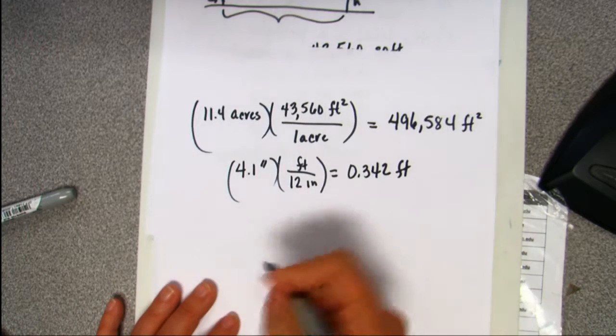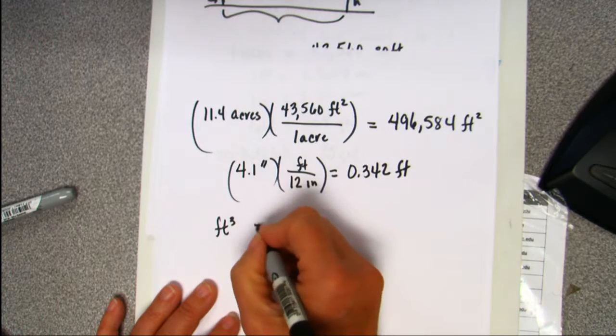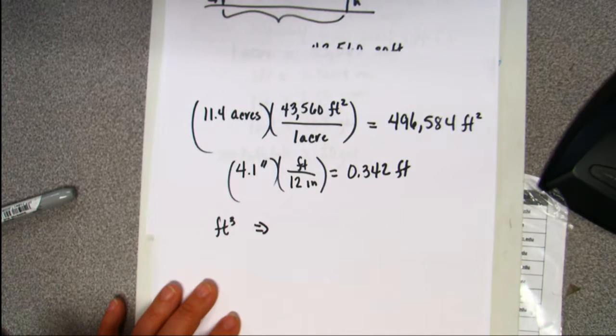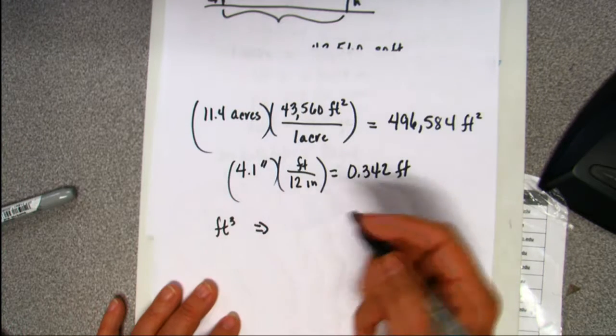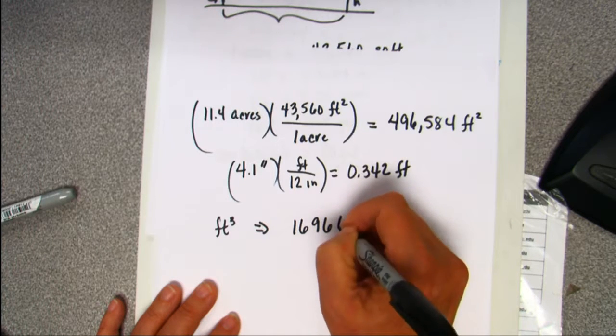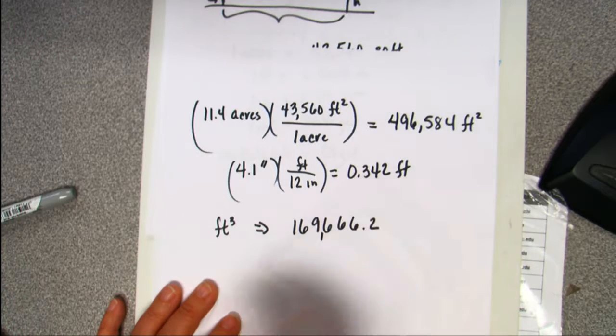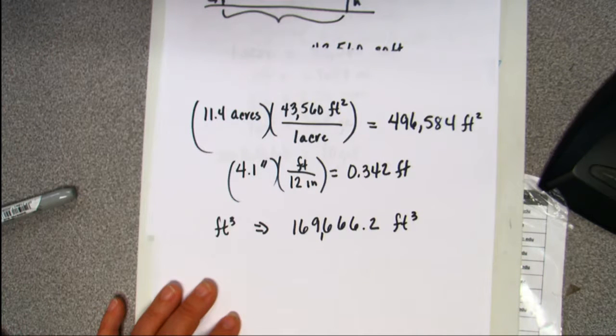So the volume in cubic feet, because it's going to be the area times the height, is that times 496,584. That's 169,662 cubic feet. And that's how many cubic feet of water was dumped in a 3-hour time span.